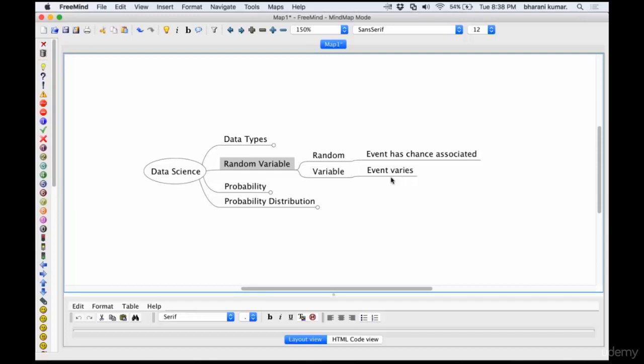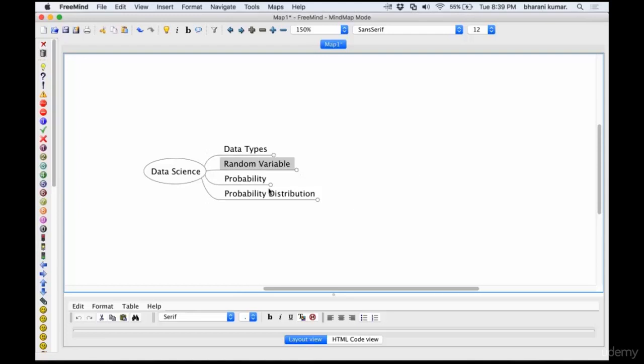And if this event has chance or probability associated with it, it is called random. And if you combine these two terms, it is called a random variable. Random variables are always represented using capital letters, and the values which a random variable can take are represented using small letters. Post this, we have also discussed probability.